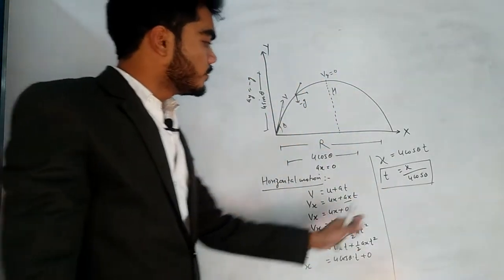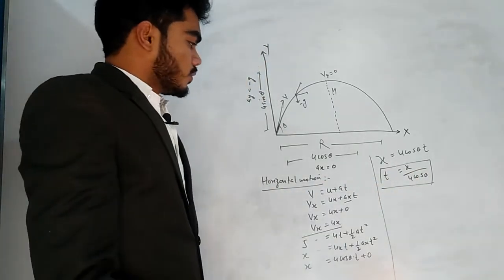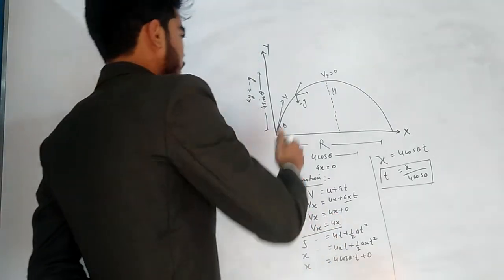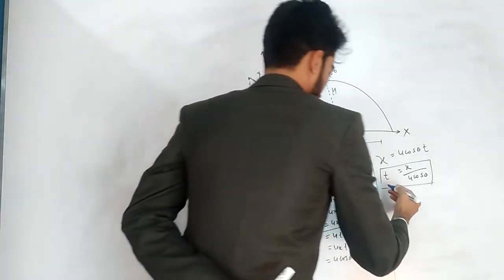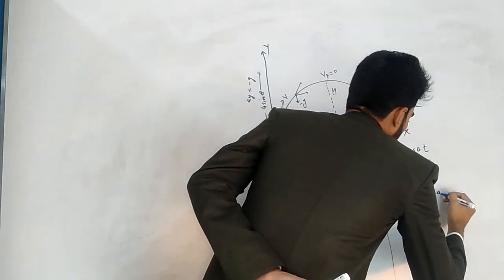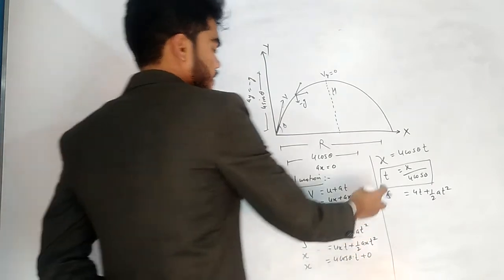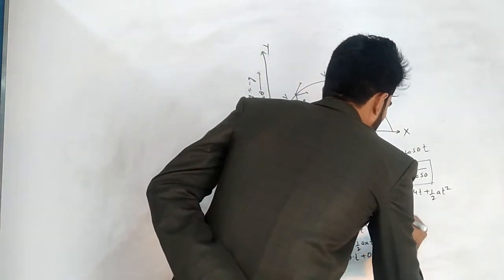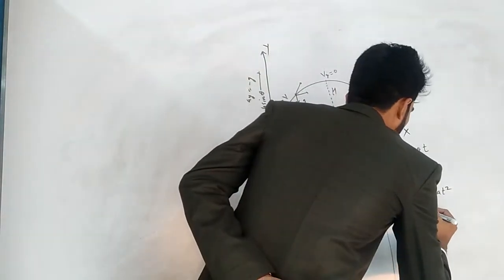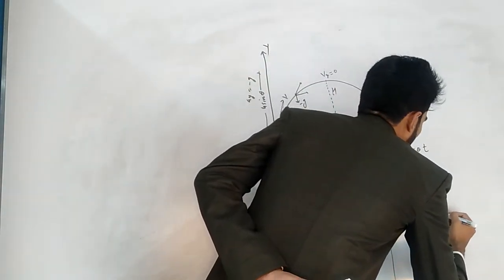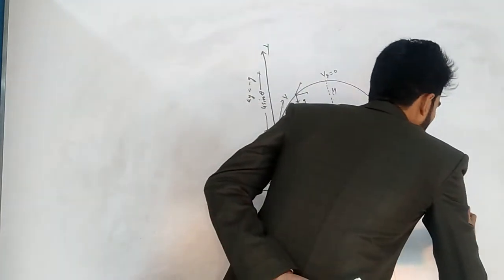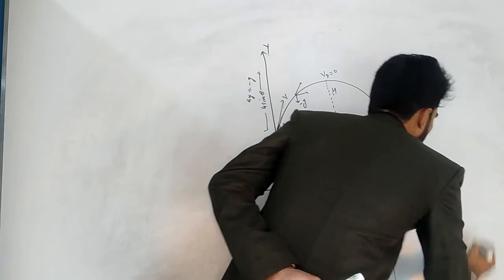Okay, next one, u cos theta. So we know the equation of displacement: s is equal to ut plus half at square. In the vertical motion, s is equal to ut plus half at square. So y is equal to uy into t plus half ay into t whole square.